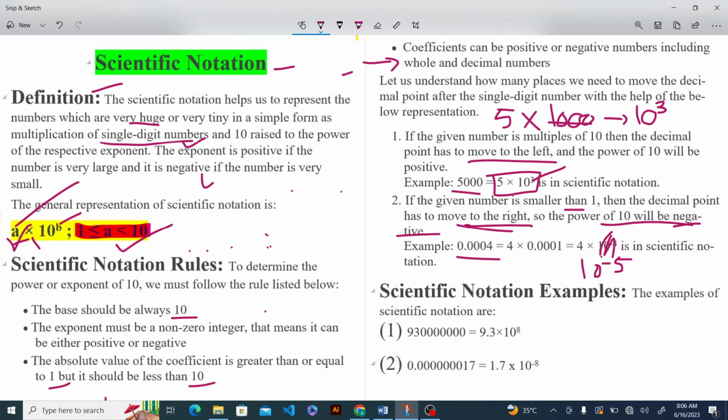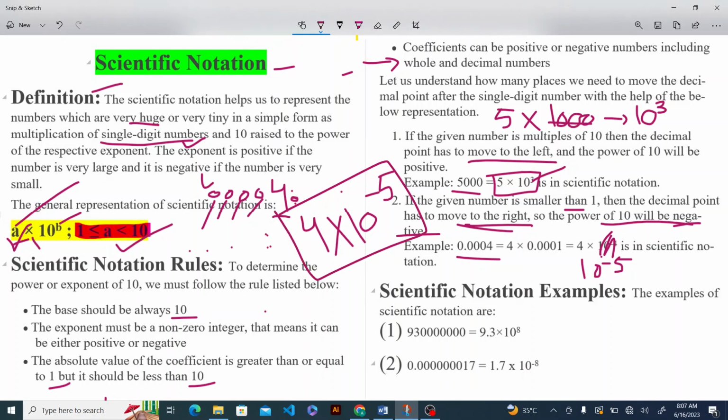We have written 0.0004 in this form, 4 point, and how many zeros are there before this 4? 4 zeros, right? So before this decimal point, how many digits are there? 1 2 3 4 5. So this will be written as 4 into 10 raised to power minus 5. This will be the scientific notation for this number. Let us see some more examples.